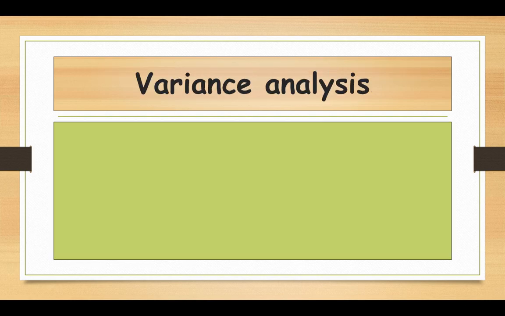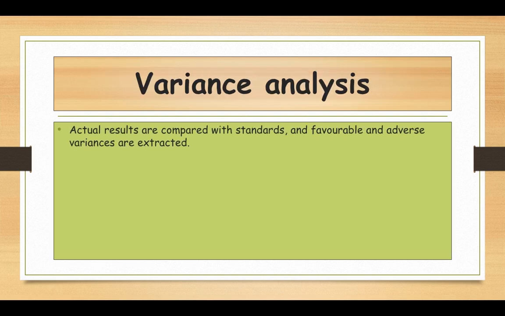Here we are going to see what variance analysis is. Variance analysis is basically we compare the actual results with the standards and we extract the variance. Variance could be adverse variance or favorable variance. If our actual costs are more than the standard costs, then we end up with an adverse variance.